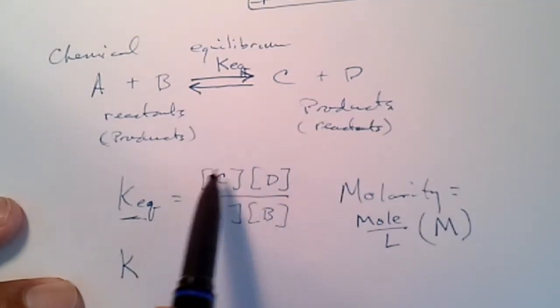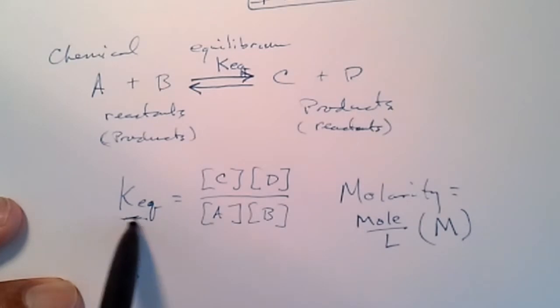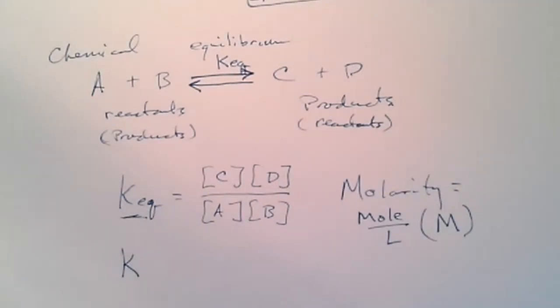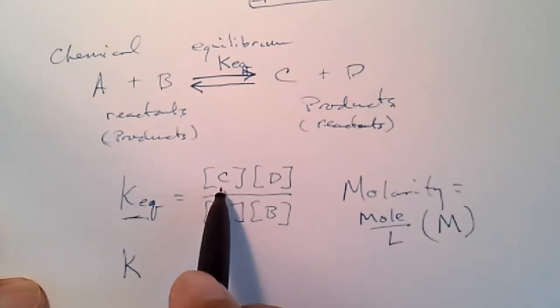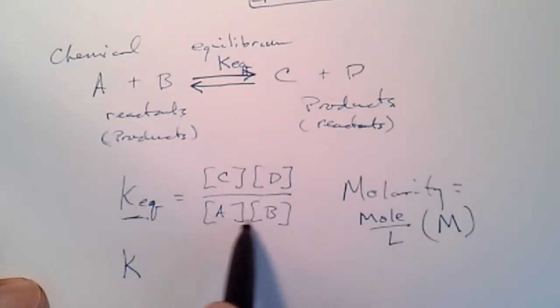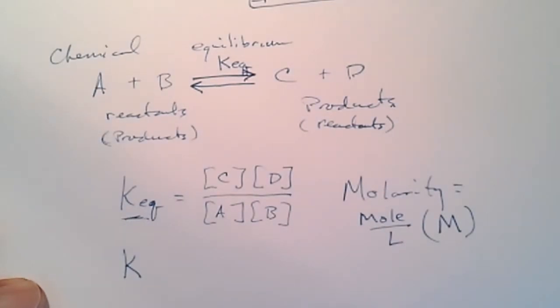So all of these factor into this constant. And we're going to look at some actual examples in a minute. K can be calculated by taking the products of the reactants and the product of the products of a chemical reaction.